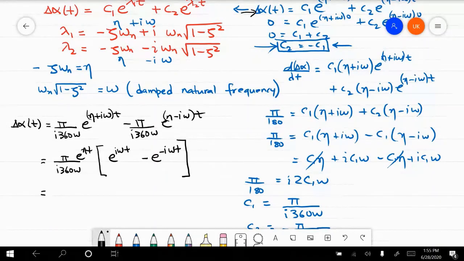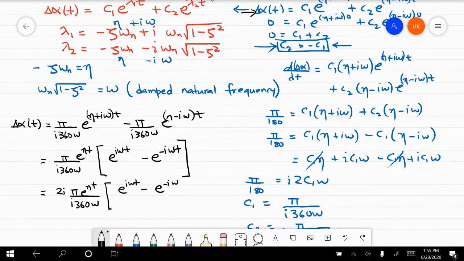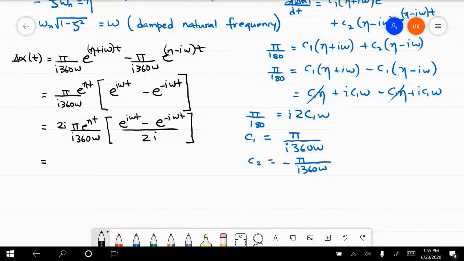I'm going to multiply and divide by 2i, so I will write this as 2i pi e^(eta t) divided by i 360 omega, times e^(i omega t) minus e^(negative i omega t) divided by 2i, and this is equal to, i and i cancel, so 180.